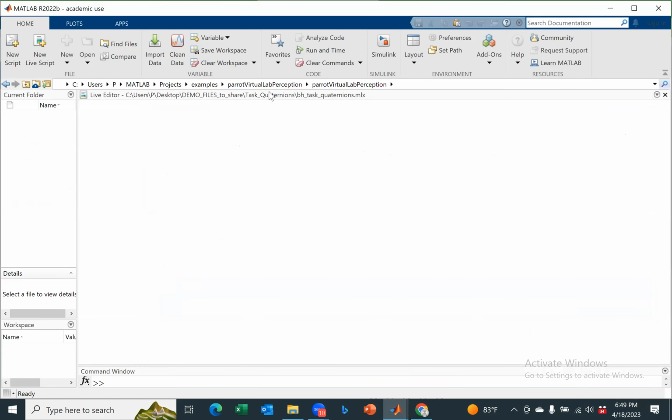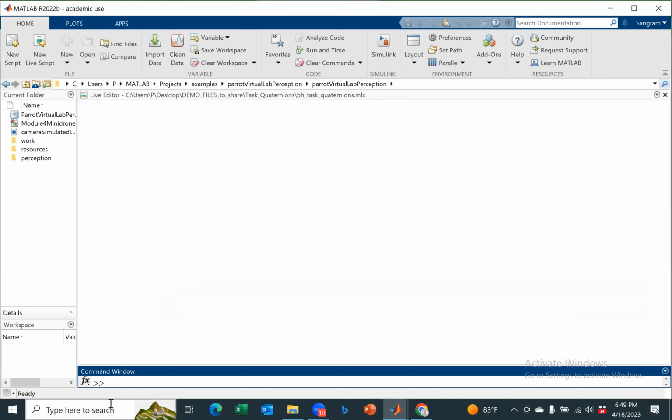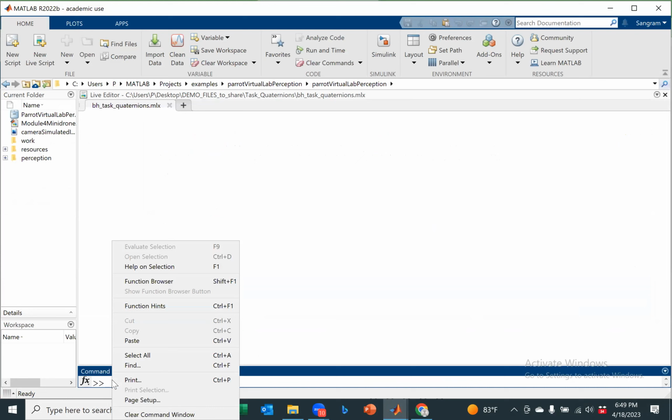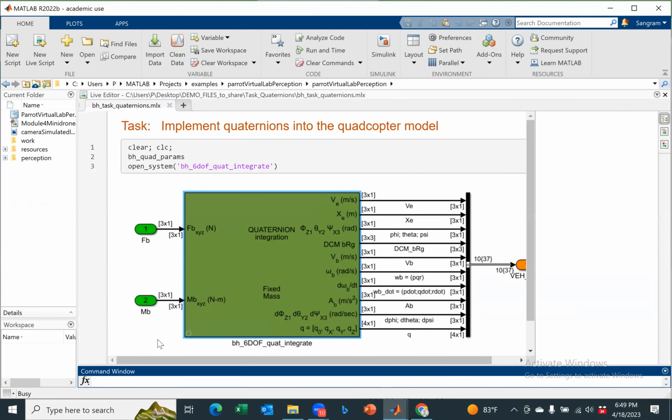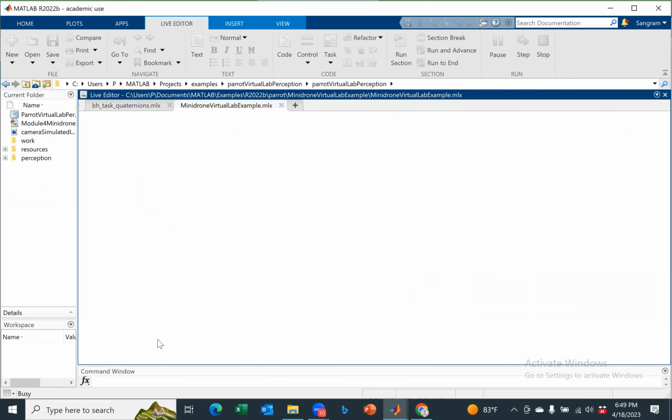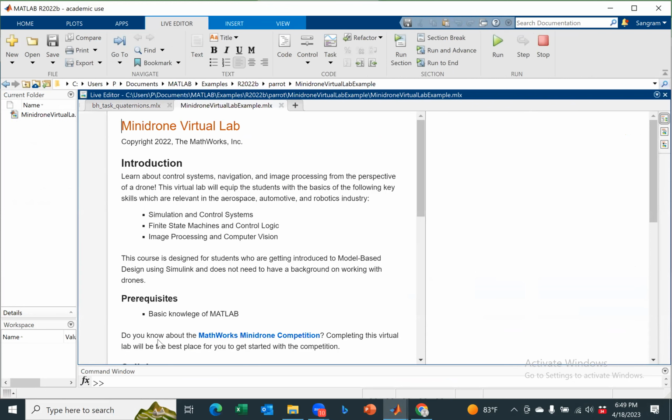And you need MATLAB R2022b to run these mini drone virtual labs. So paste, and then you run this. And the mini drone virtual lab example will open.